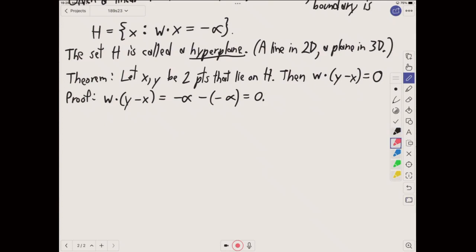But the important thing to take from this is that w is at right angles with y minus x. Or to put it another way, w is orthogonal to any vector that lies on the hyperplane H. So, for that reason, w is called the normal vector of H, normal implying orthogonal.